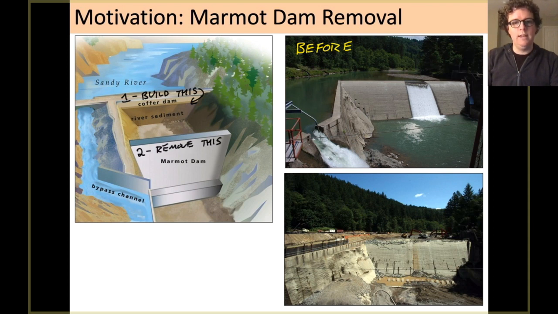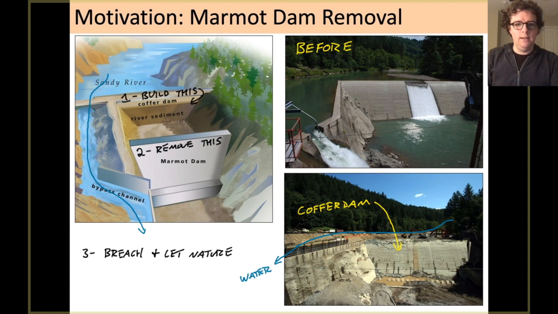Second, remove the dam itself, so go in and take out all of that concrete and as much of the man-made structure as you possibly could. You can see a view of that cofferdam now down on the bottom. And then the water would flow from behind the dam around through this bypass channel.